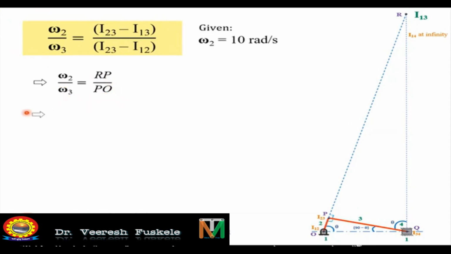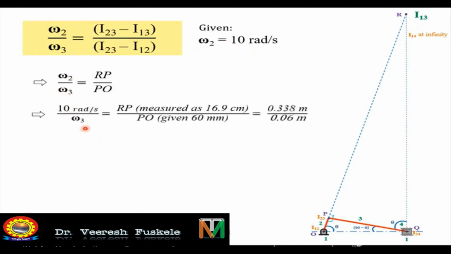Moving ahead, omega 2 is given as 10 radians per second, and Rp measured from this diagram according to the scale is 16.9, so converting according to the scale, it will be 0.338 meter. Similarly, PO is already given as 60 mm, so converting mm into meter, it is 0.06 meter. So this will give us omega 3 as 1.775 radian per second.